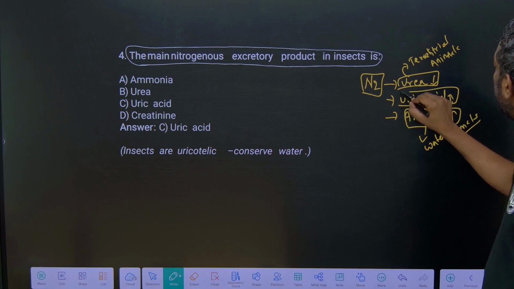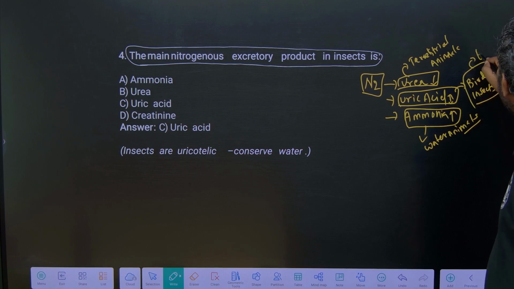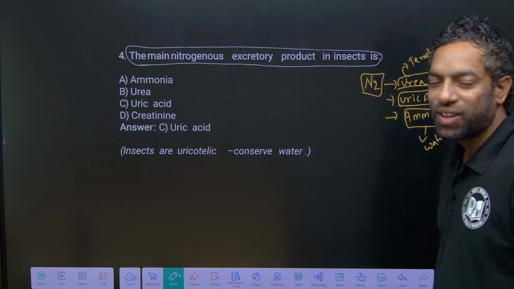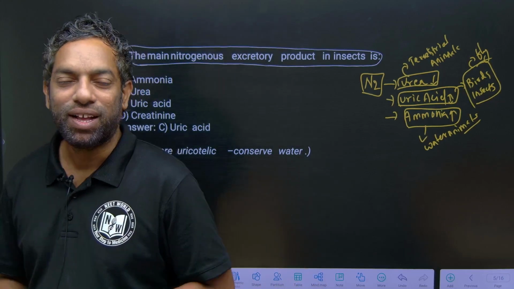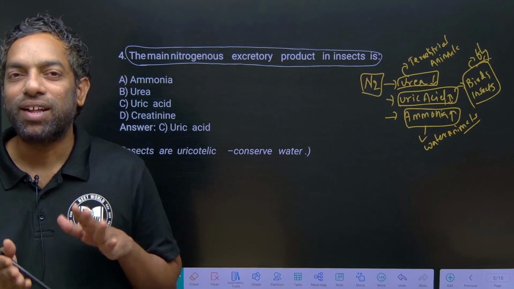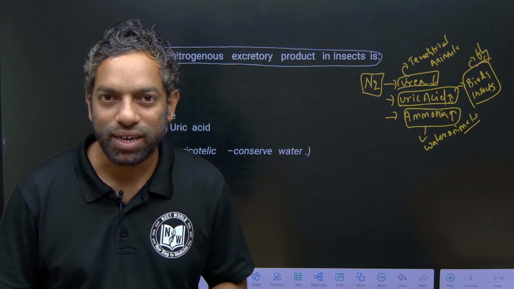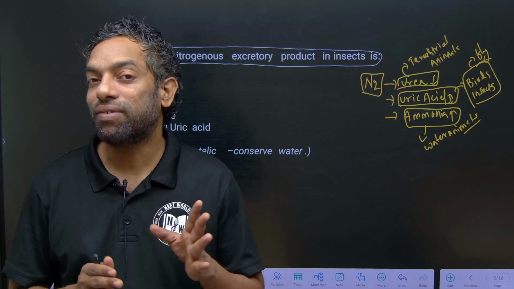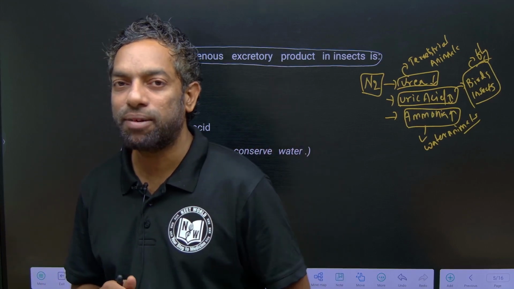Uric acid especially by birds and insects, mainly those that fly. Those who can fly excrete uric acid mostly. Those living on land, terrestrial, produce urea, and in water they release ammonia, because ammonia requires a high amount of water for its elimination.